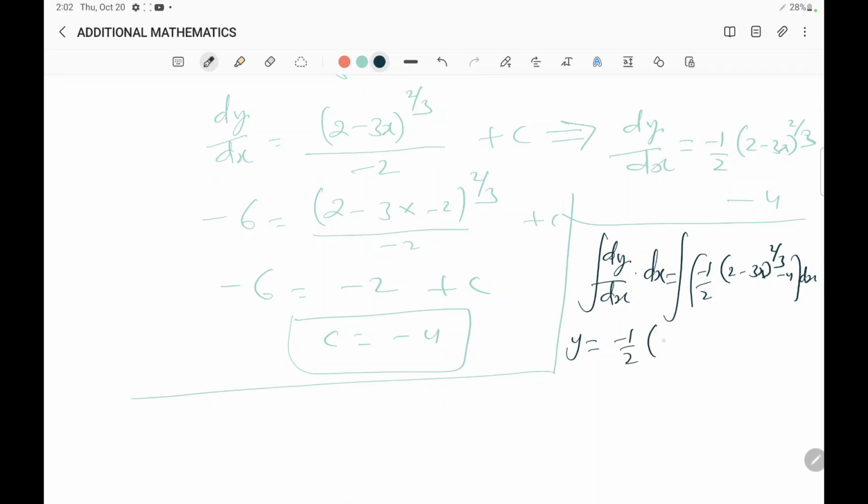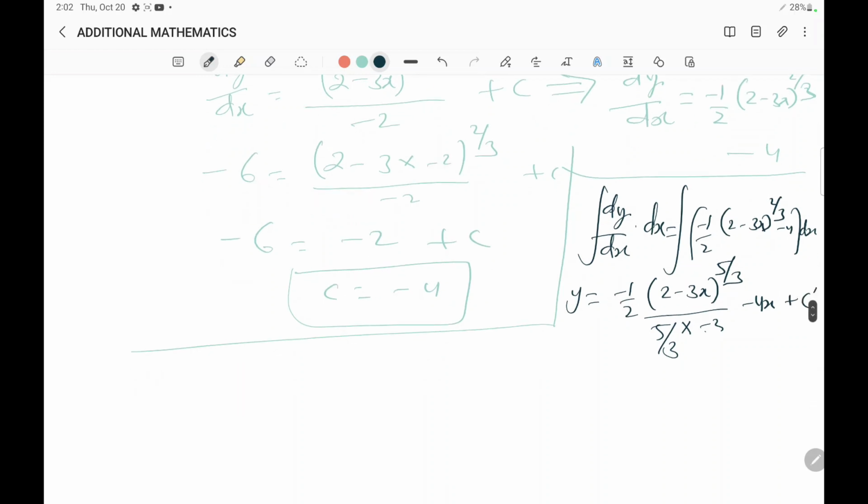This is minus half times 2 minus 3x to the power 2 over 3 plus 1, which is 5 over 3, over 5 over 3 times the x coefficient minus 3, and minus 4 integration is minus 4x, and we have to write a constant, which I will write as c dash. Then minus half times 5 over 3 times minus 3, that cancels, minus 5. This is 1 over 10. So this is 2 minus 3x to the power 5 over 3 minus 4x plus c dash.